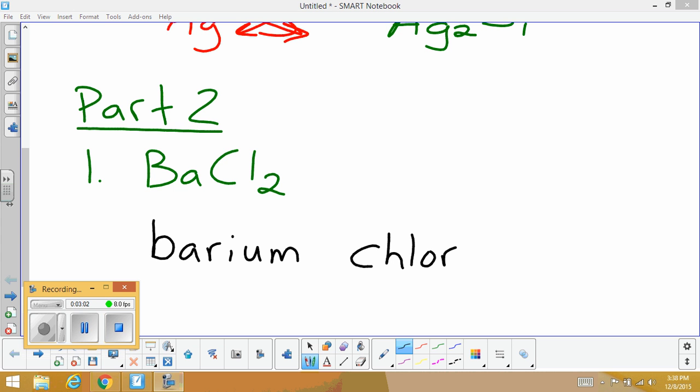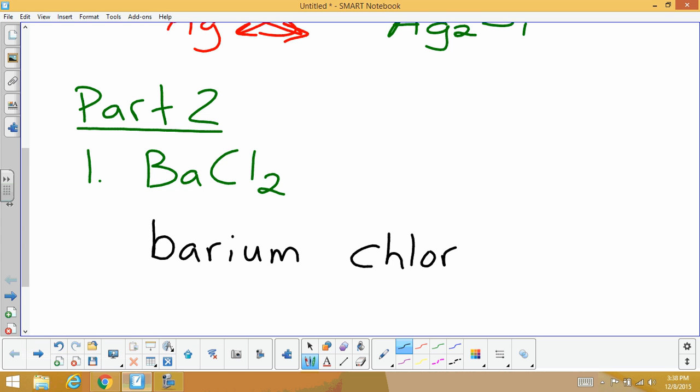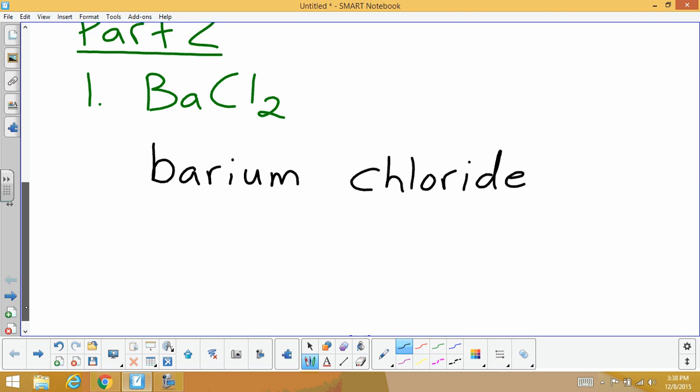So we're working on BaCl2. The first part of this compound is barium. Then we go to Cl. We know the element is chlorine, but we take the base, which is chlor. And since this is a binary, meaning 2 elements only, we add an IDE. So the name of BaCl2 is barium chloride. So that's part two, example number one.